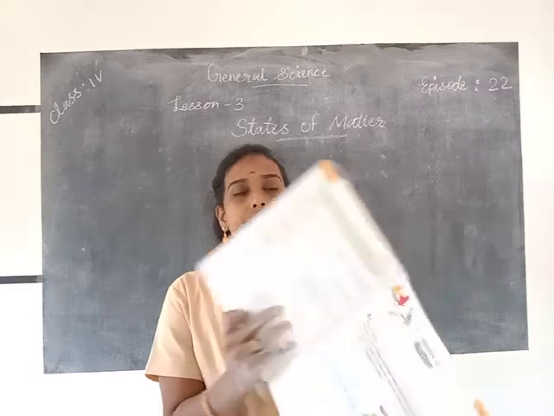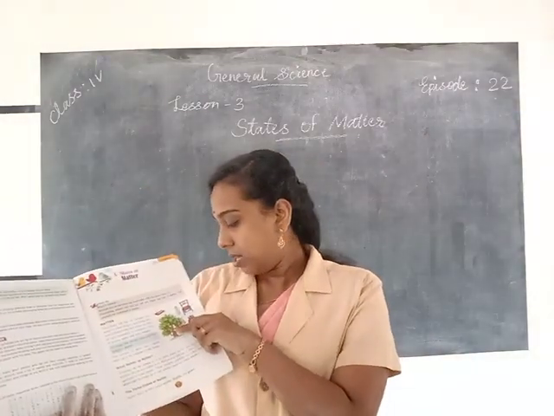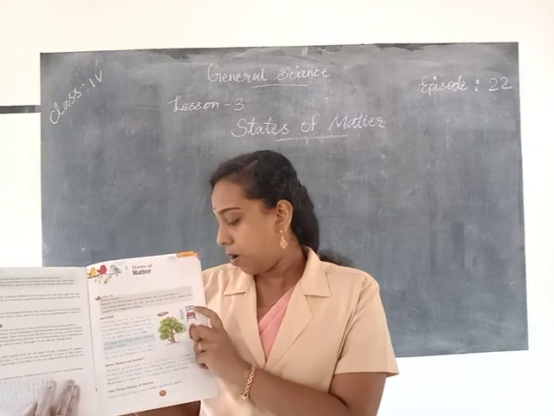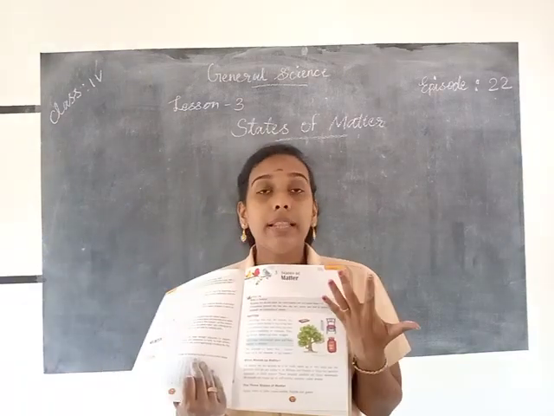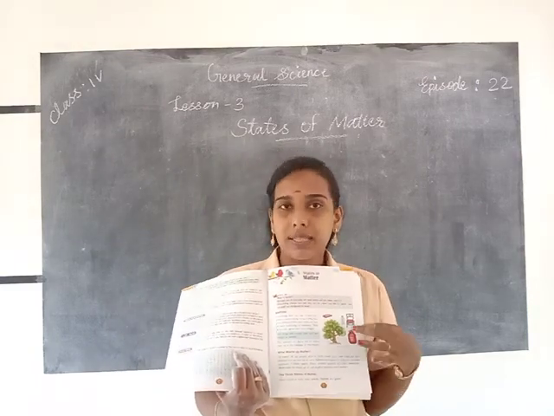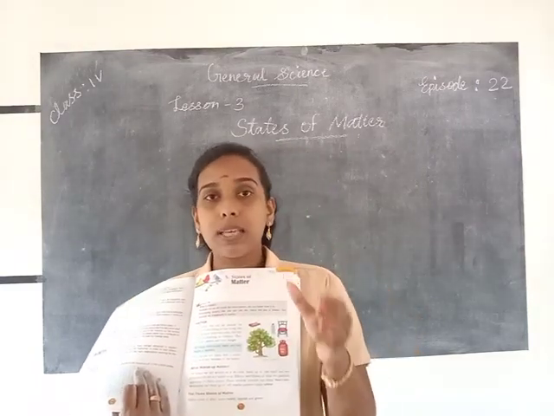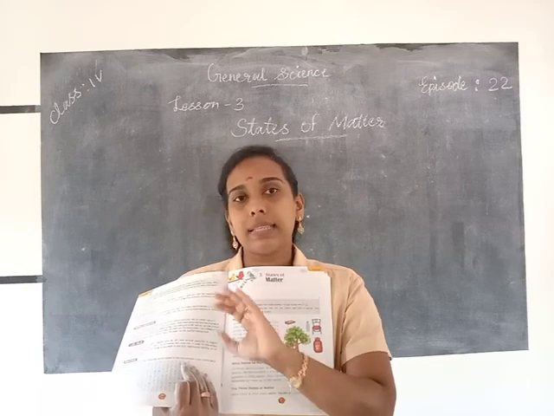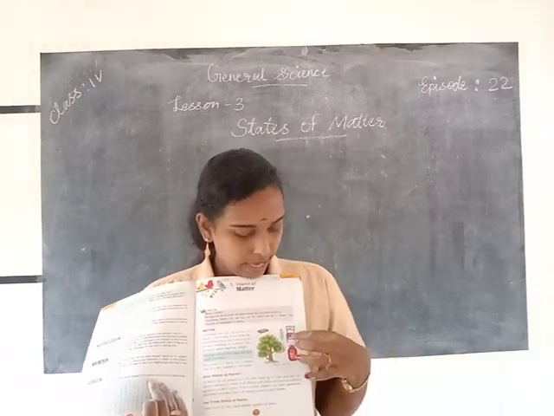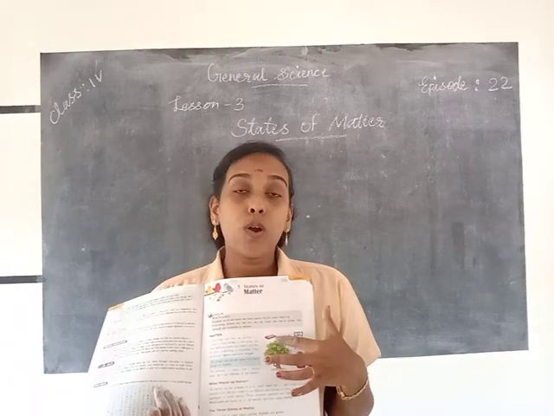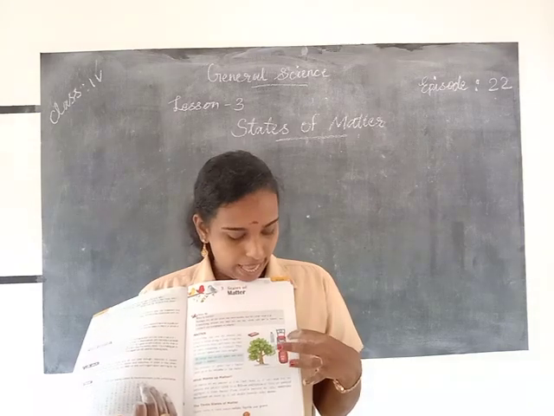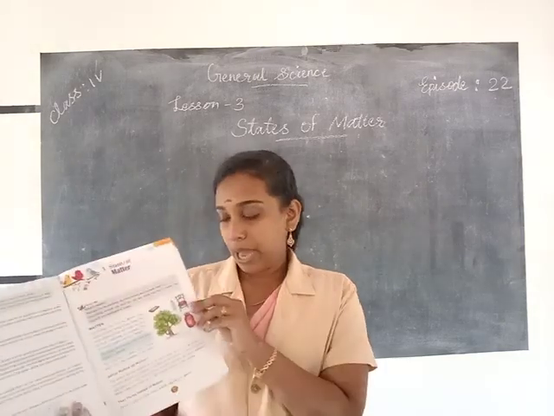Here are some things around us: tree, gas cylinder, bottle, pencil box, chair. These all are matter because they are made up of very small particles called molecules, and again the molecules are also made up of tiny particles called atoms. Here you can see that these are non-living things, but these are made up of matter, and these are solid states of matter.